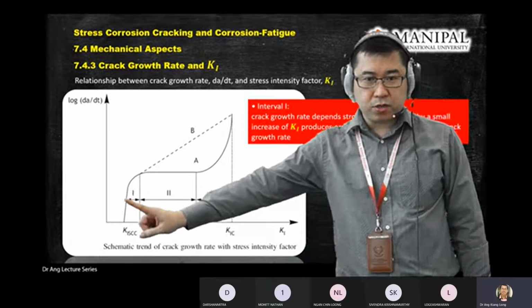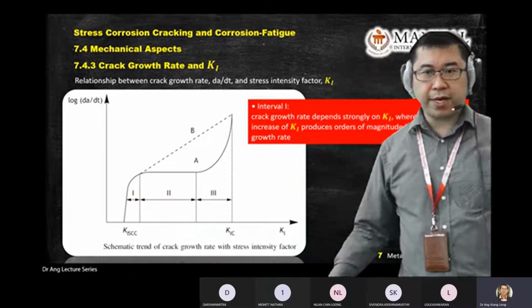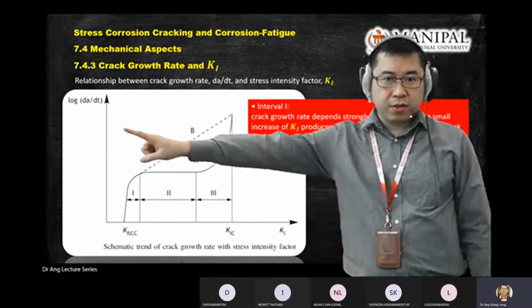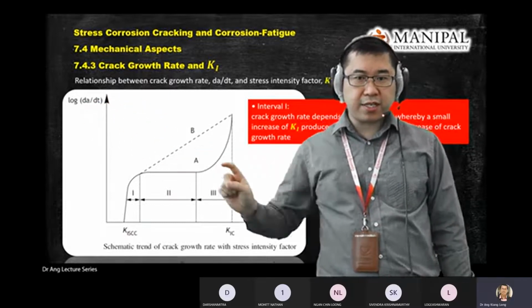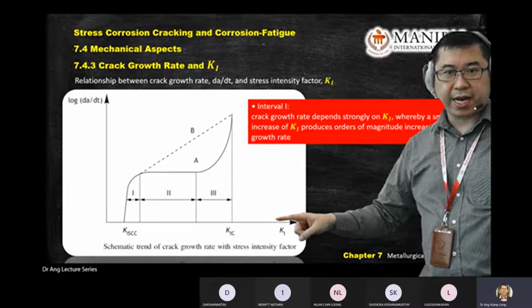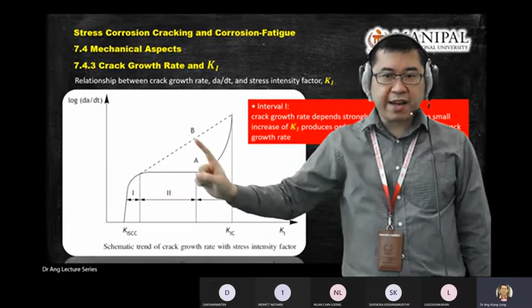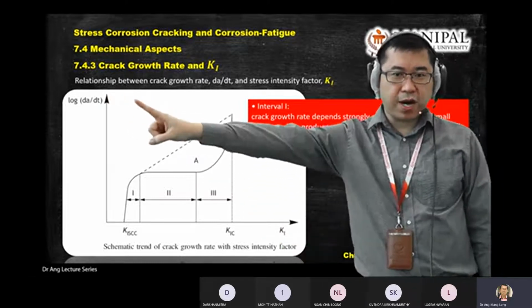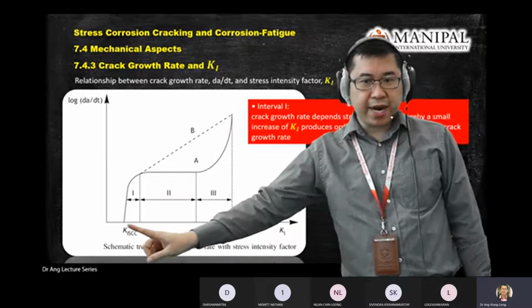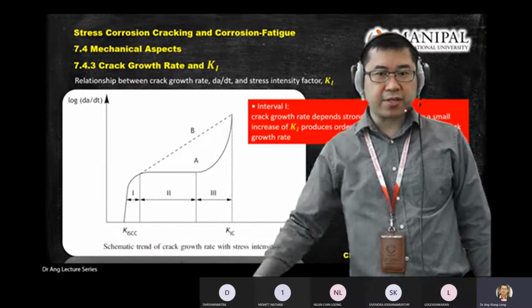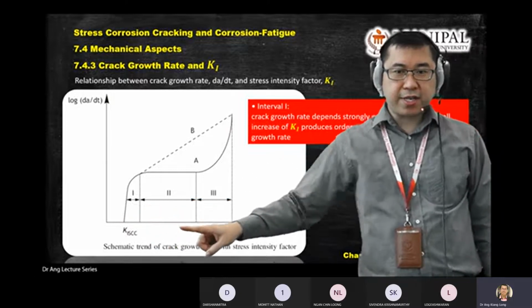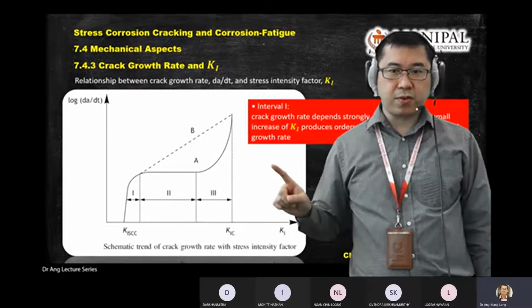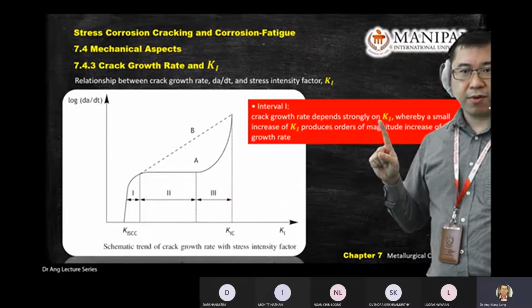So here, zone 1 or interval 1, your dA/dt or log dA/dt is increasing with Ki, or you can see this as y versus x. As your x increases, your y increases.